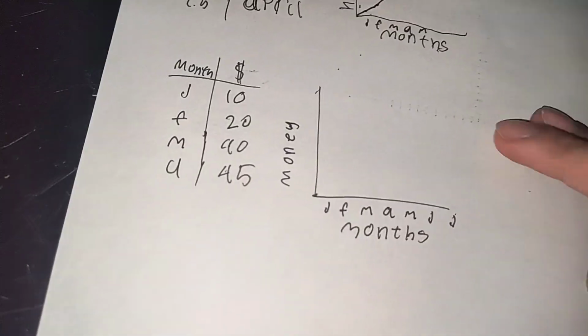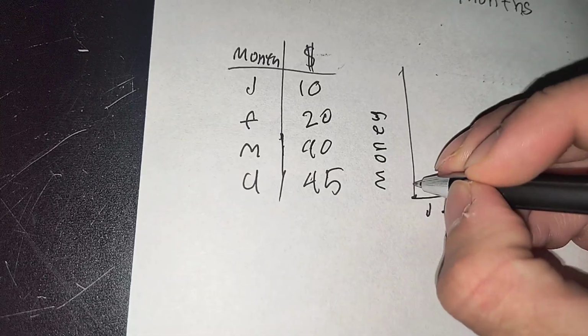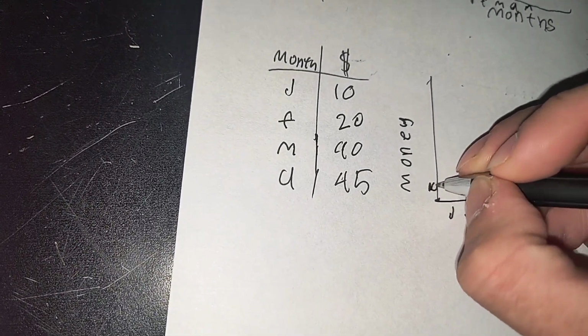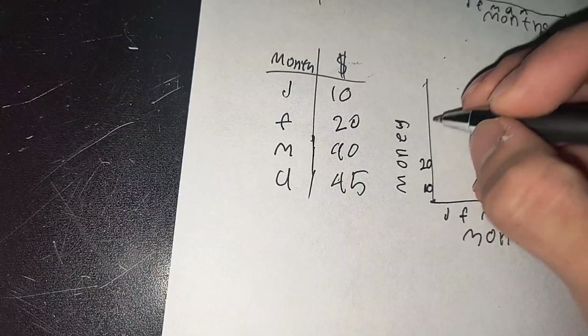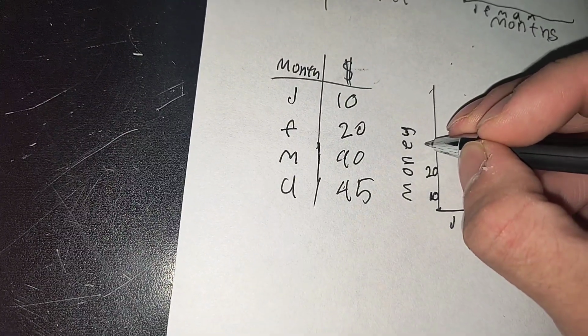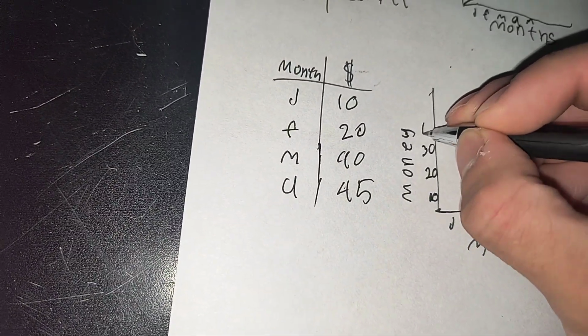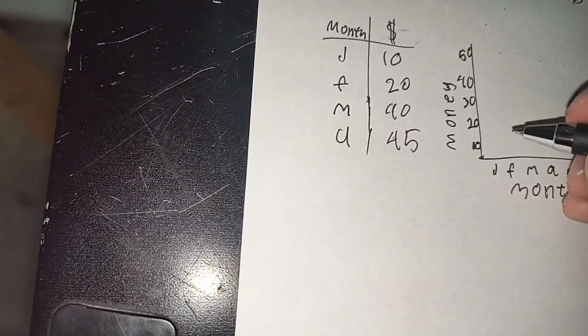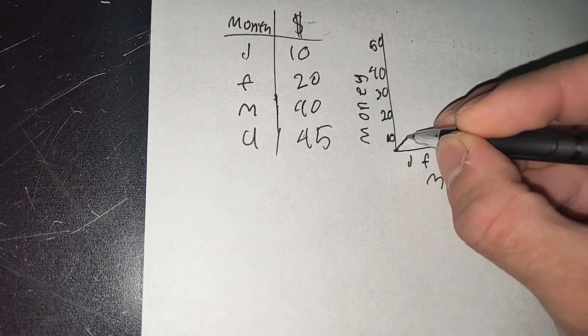And we can track how much money you had over the months. This would be, let's say, $10. This would be $20. This would be $30. This would be $40. This would be $50.